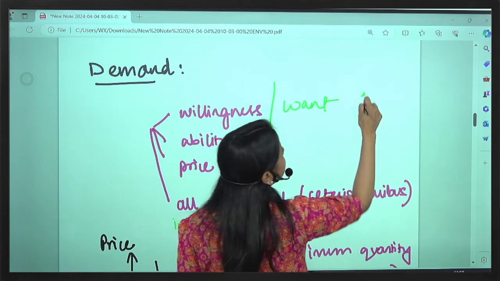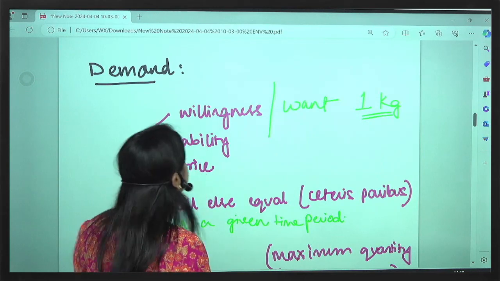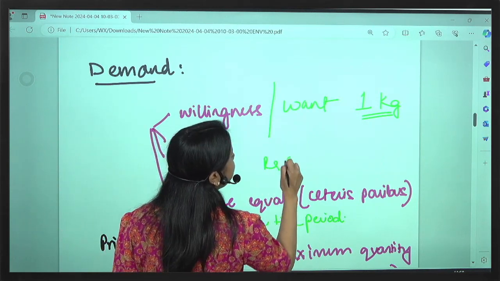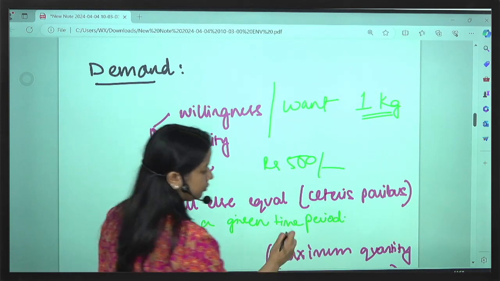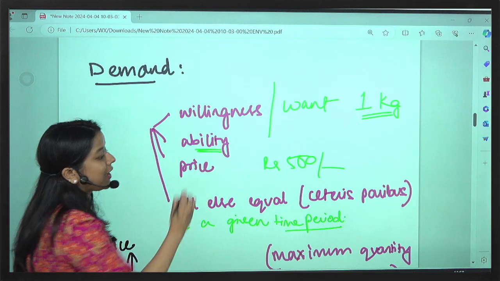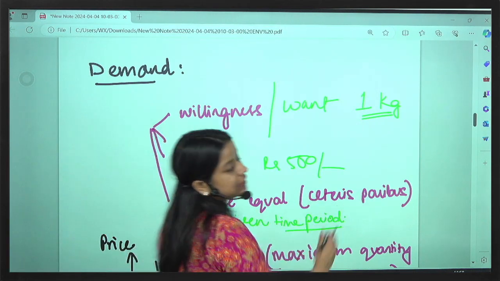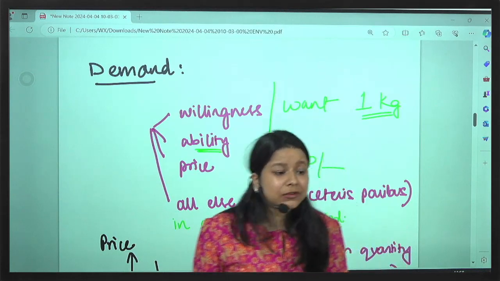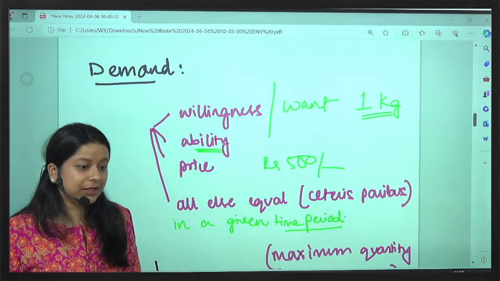I have defined 1 kg mangoes at rupees 500 today. Am I able to buy it? Yes, I have 500, I can buy it. All other things like my income, the price of the good, everything remains the same. This is what demand is, right?